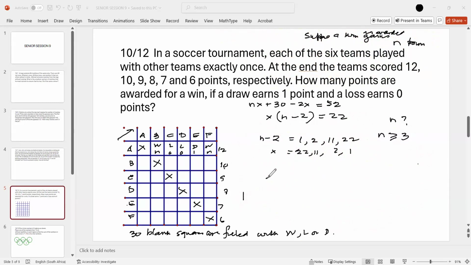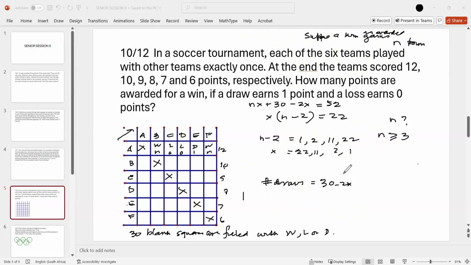This is the number of draws, which equals 30 minus 2x, if you remember.